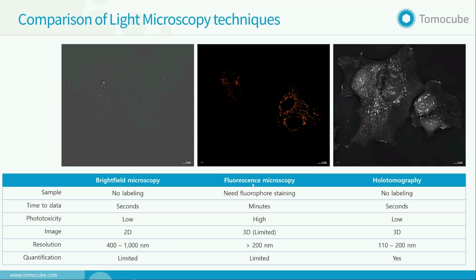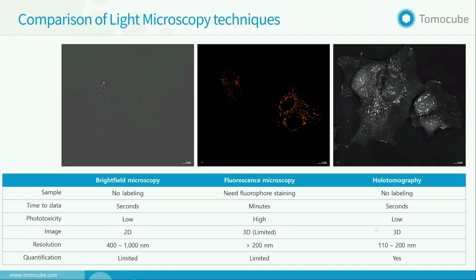So we do not require any labeling, and time to data is on the order of seconds. There's almost no phototoxicity because we do not use any labeling agent, the light intensity is very low, and there's no energy transfer.